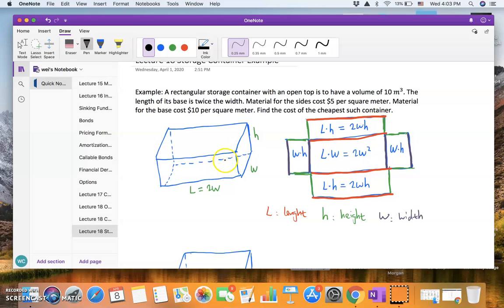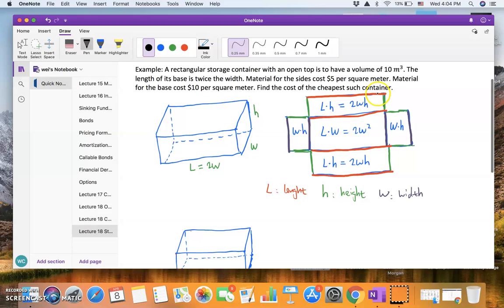So this tells me the different parts of this box cost differently. If we cut the box, there will be 5 parts. This is the base, and these are the 4 sides.